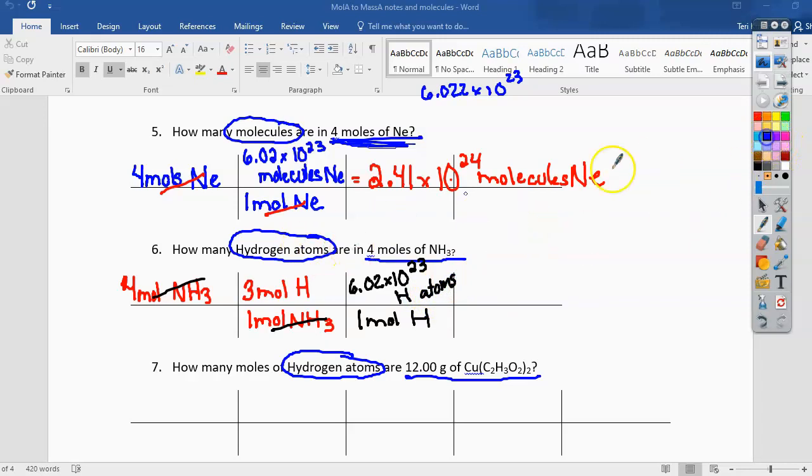Your moles of H cancel, and you are left with hydrogen atoms. When you're going to solve this, it's 4 times 3 divided by 1 times 6.02 EE23. And your answer is 7.22 times 10 to the 24th hydrogen atoms.